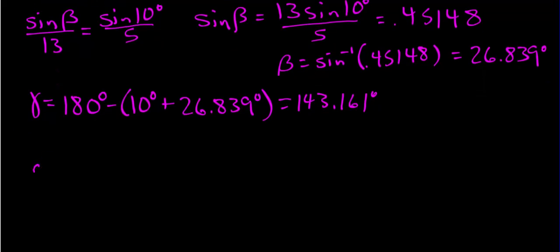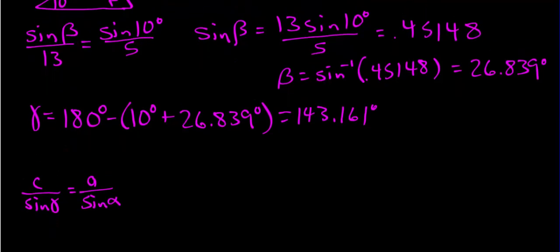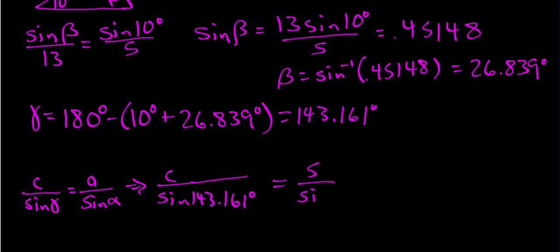So I've got C over sine of gamma equals A over sine of alpha, law of sines. So here's what we've got: C over sine of 143.161 equals A, which is 5 over sine 10.